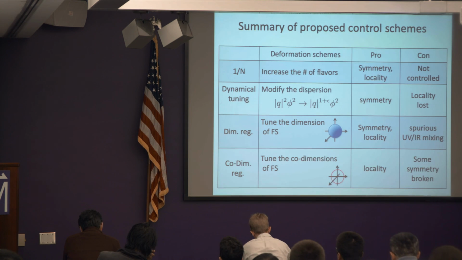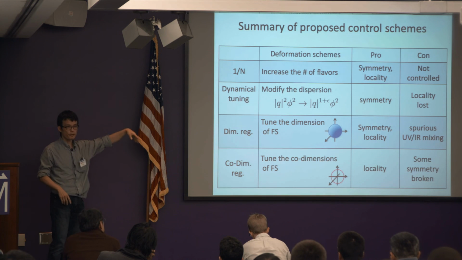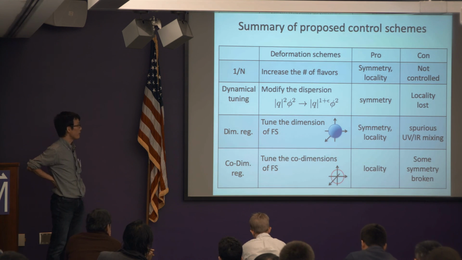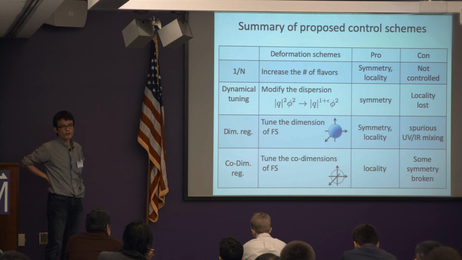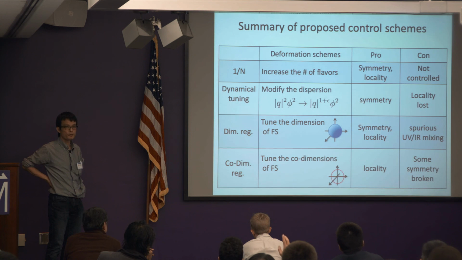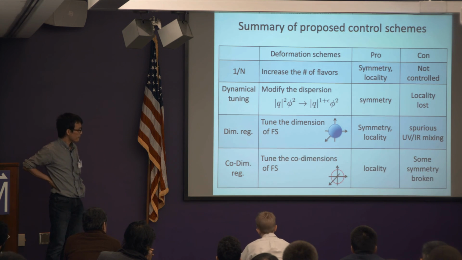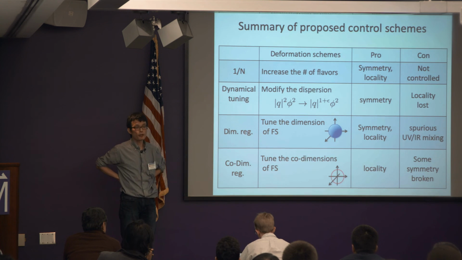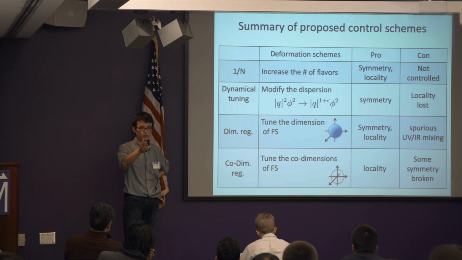Okay, so this is just a summary of different perturbative schemes, and I would say there's no perfect scheme. I mean, each scheme has its own pros and cons. But personally, I like to think that maybe it's better to keep the locality to study the universal dynamics.